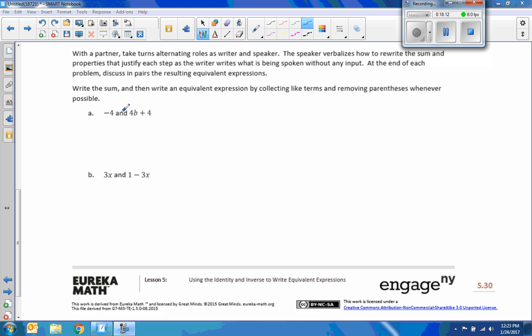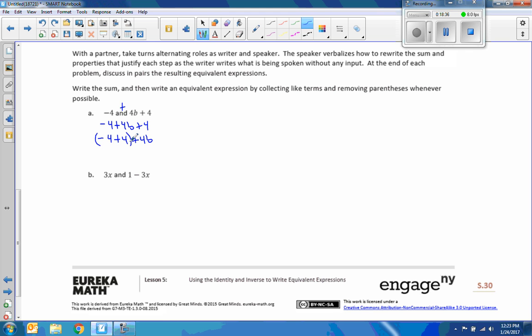Okay, so here we go. Here's the word and, that's where the plus sign goes. So I'm going to write this as negative 4 plus 4b plus 4. Then I'm going to move my 4's together. So I'm going to put negative 4 plus 4, and then put the 4b off to the end. So I just move this over here and this over here. That is the commutative property of addition.